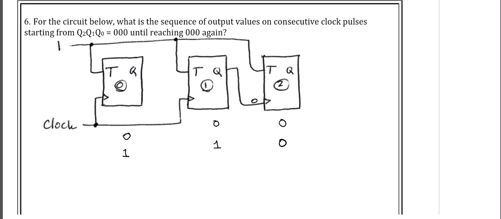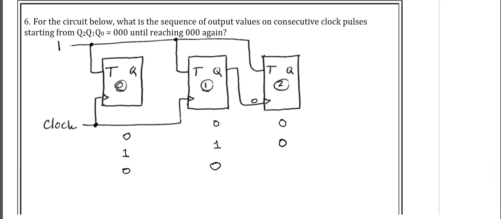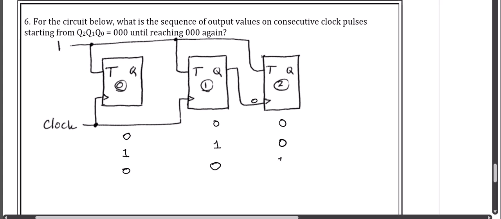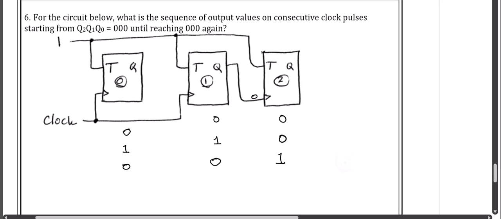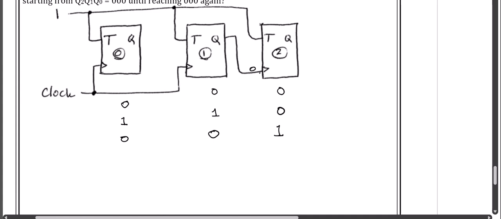So then on the next one, these will certainly toggle. And now this one will have 1 as its input and the clock will be 1. So it'll toggle. So it'll become 1. But now it has 0 as the clock again because this is the clock for this one.